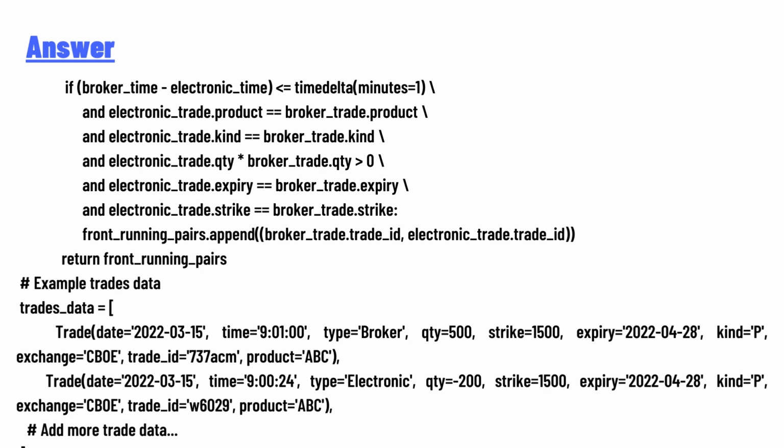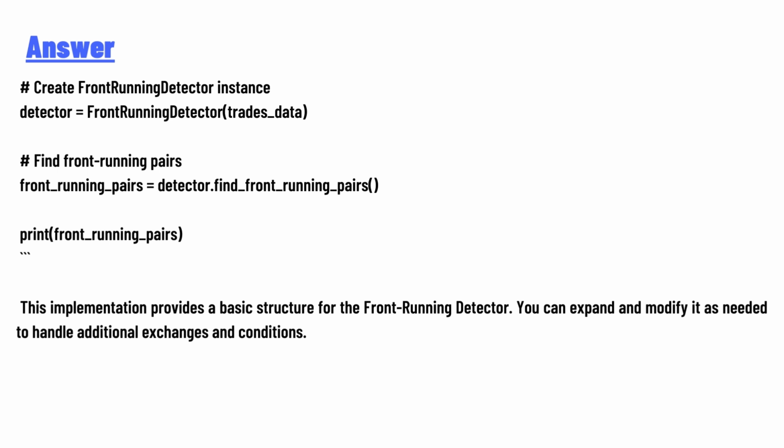Add more trade data, create a front-running detector, insert the trade data into the detector, find front-running pairs with detector.find_front_running_pairs, and print the front-running pairs. This implementation provides a basic structure of the front-running detector. You can expand and modify it as needed to handle additional exchanges and conditions.